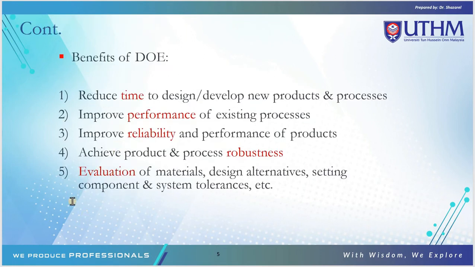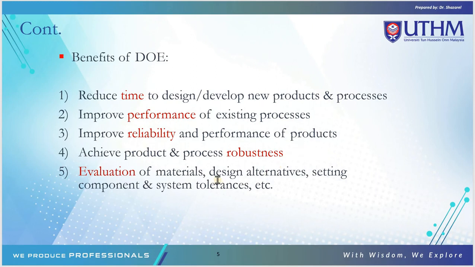So this is in more detail the benefit of DOE. Just now was the general. In terms of time, because we optimize the process, we can reduce the time to develop a new product and process, for example. And then we can improve the performance of existing processes, because we conduct an experiment, so we can know how to improve the performance and also the reliability of the product.